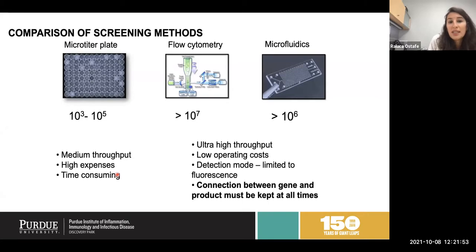This gives a medium throughput, and of course, it's very expensive, especially if we are talking about the use of fluorescent substrates, which even if we are using 100 microliters of volume in each well of the plate, in the case of 10 to the power of 5, we need to screen 1,000 plates.